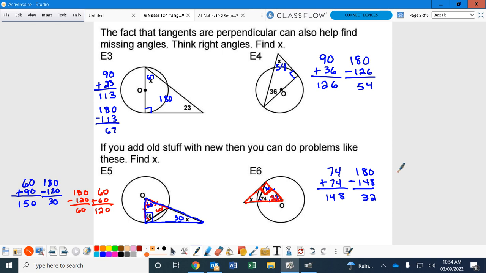So now I've got 90 plus that 32. 90 plus 32 would be 122. And then 180 minus that 122 would leave us 58. I can't write that in that space, guys. X is going to be 58.